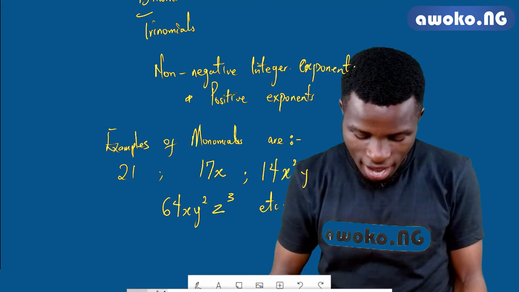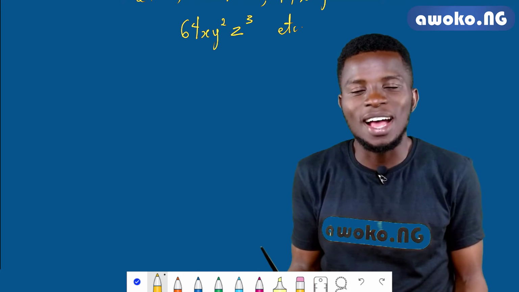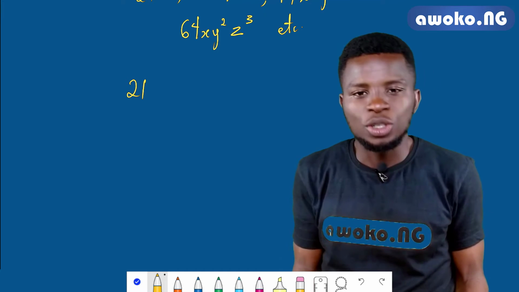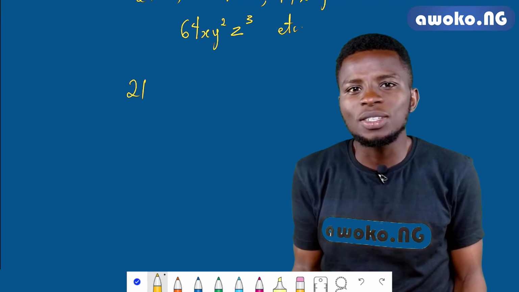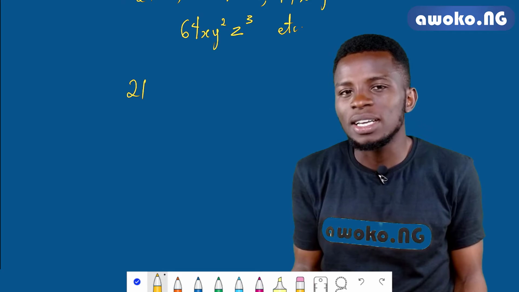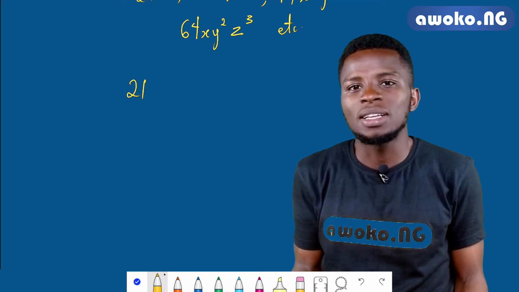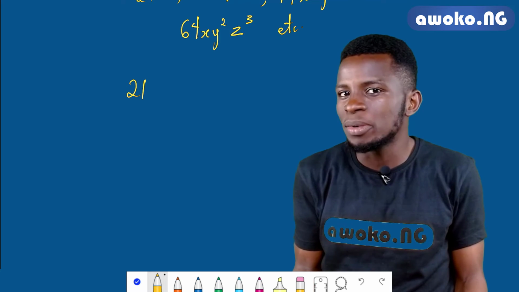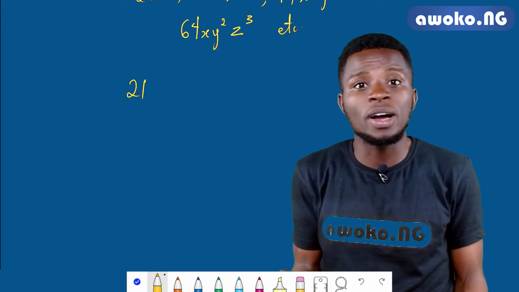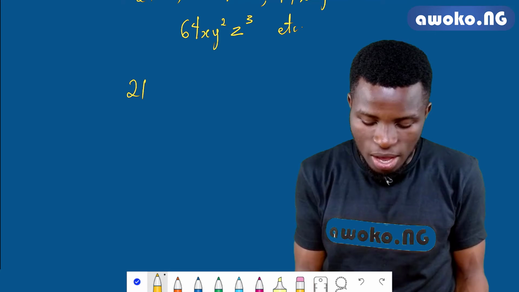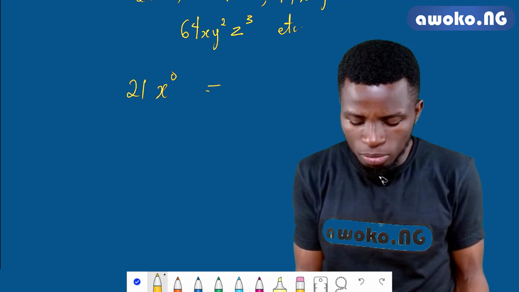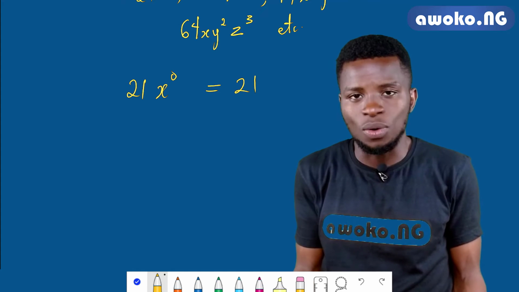Let me show you why I said 21 is an example of a monomial. Since any constant can be written as the combination of a constant and a variable raised to the power of 0 from our elementary knowledge, we have that 21x raised to the power 0 can also be written as 21. Why?